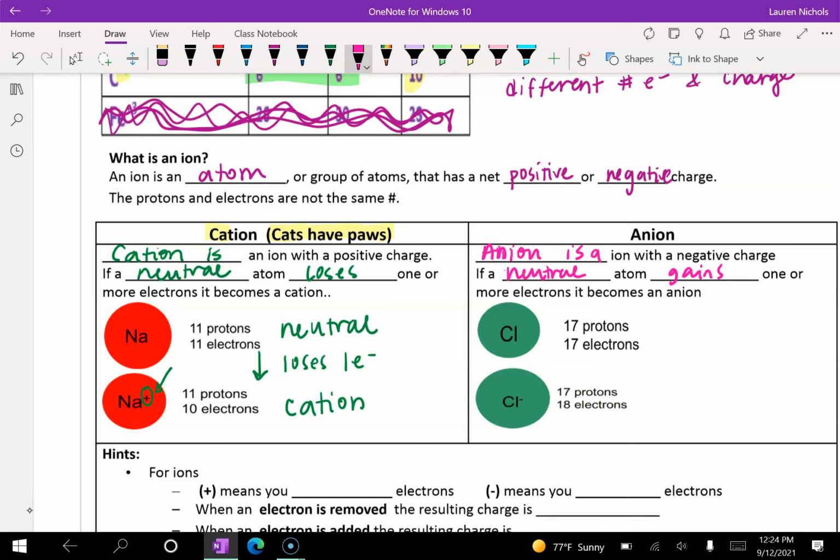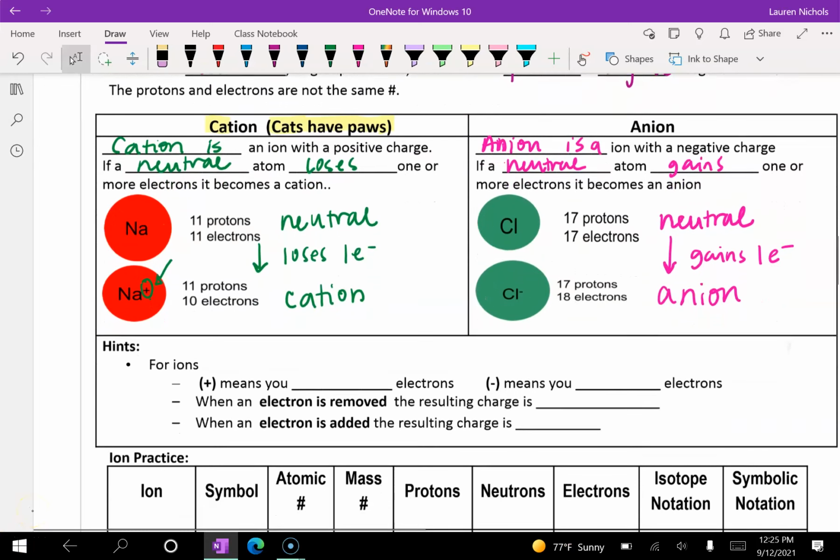Because remember, electrons are negative, so if I have extra electrons, I have extra negative charge. And so again, here we have a neutral atom because it has 17 protons and 17 electrons, and then it gains one electron to now have a total of 18, and it is now an anion.